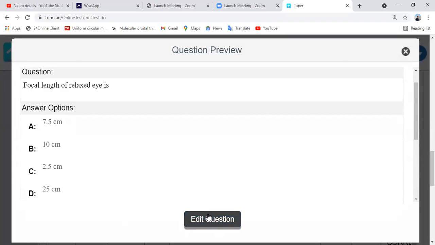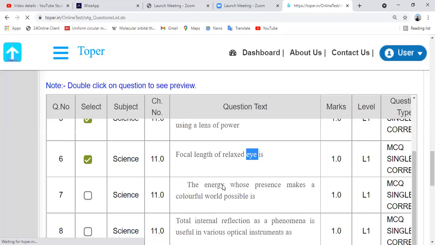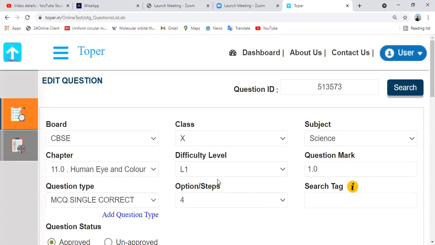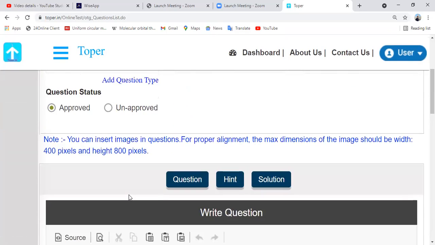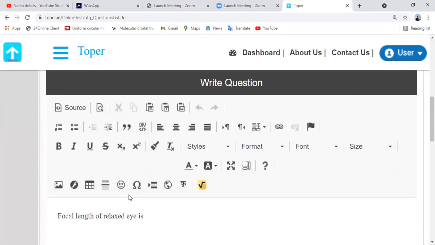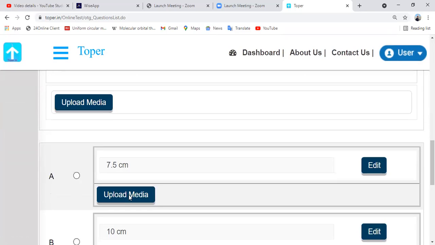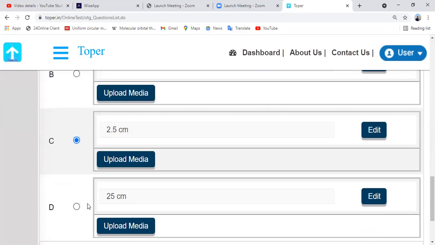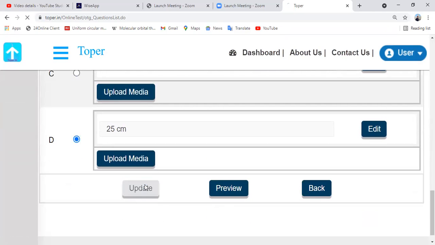I'm just going to edit the question. So 2 questions are wrong. Therefore, at 2.5 centimeter, you can't even determine the shape of the object. It becomes so blurred. So option D is correct.